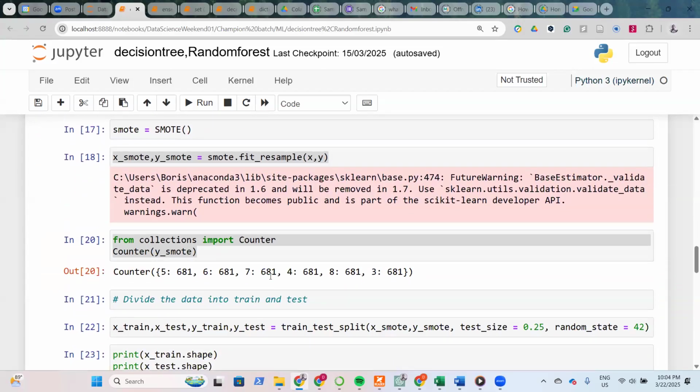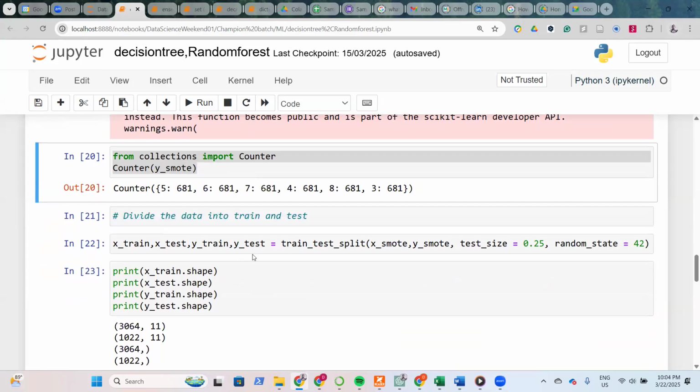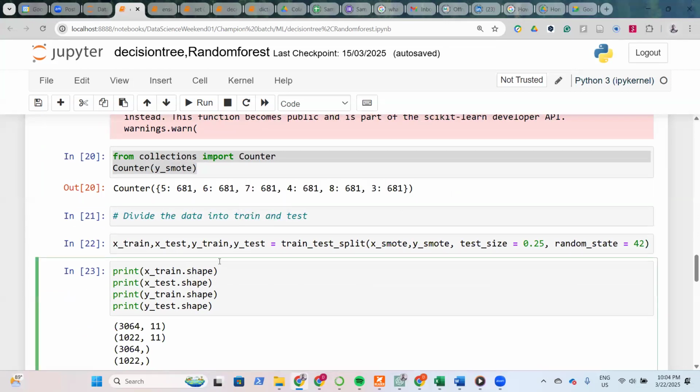Then before we split the data into train and test, I'm sure that in my training data and in my test data I'll have all the categories, 5, 6, 7, 4, and 3, and 8, because I've balanced the data.